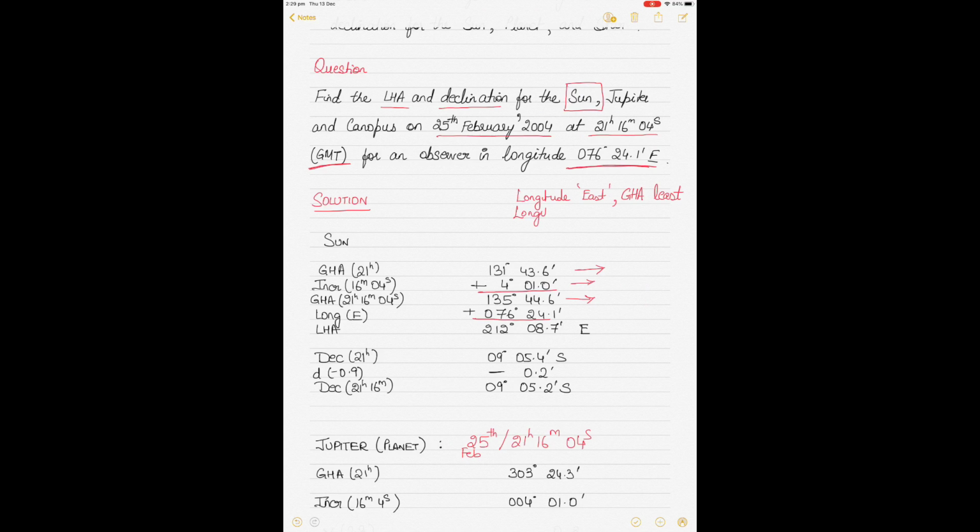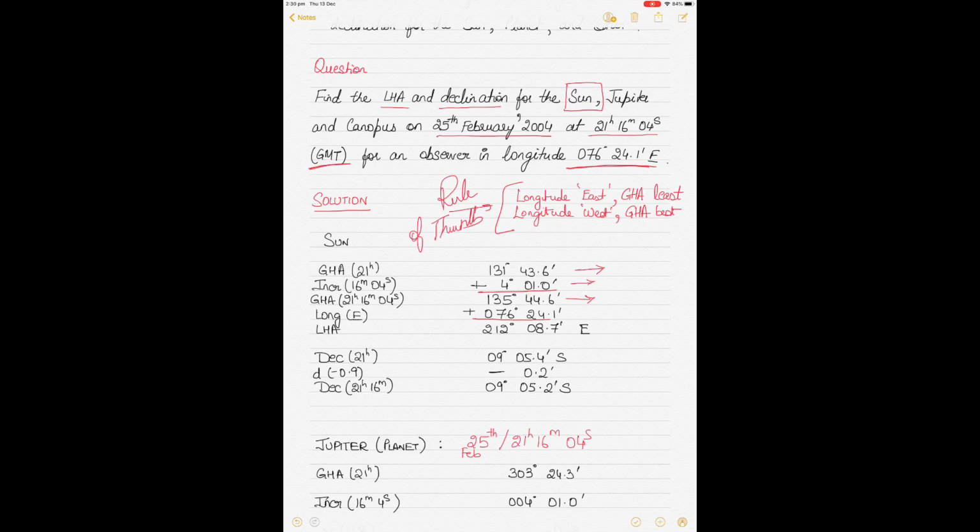If the longitude is west, GHA is best. Now towards the end I will try to show you conceptually the relationship between longitude, GHA and LHA, but for now just remember this rule of thumb to calculate your LHA from your GHA applying the longitude.